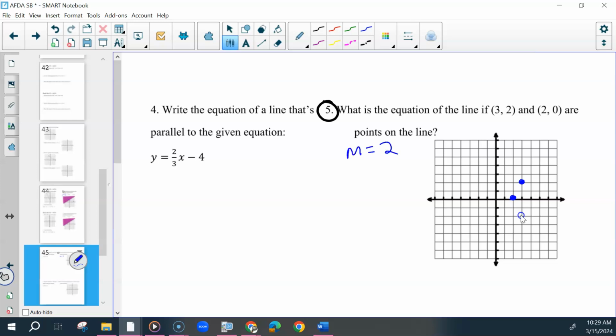And then if I continue that slope but backwards, it would go down 2, left 1, as many times as possible. I'd run into the y-axis to get my y-intercept of negative 4. Then I could put those two together in an equation. Y equals 2x minus 4. Questions on that?